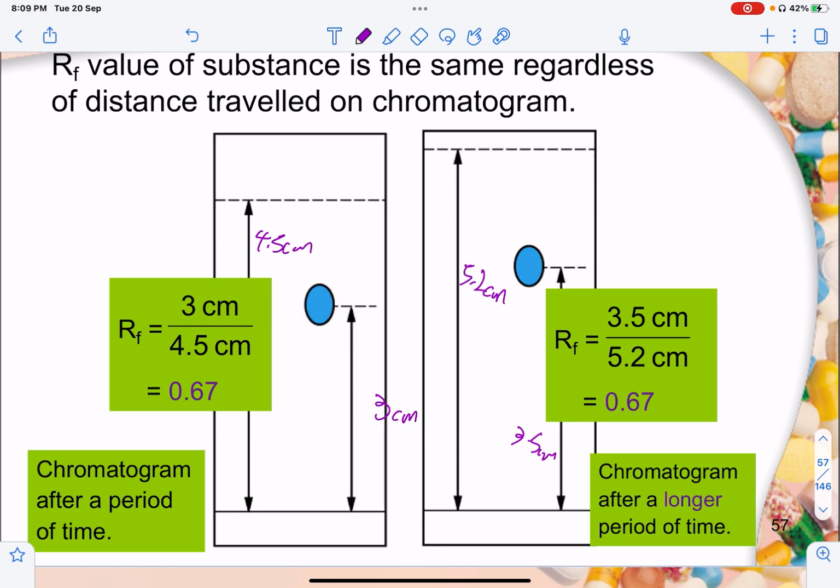Will you get the same value? Yes, you will get the same value of the Rf, provided that they are using the same ink dye. And are there units for Rf? There are no units for Rf, due to the cancellation of the units as a whole.